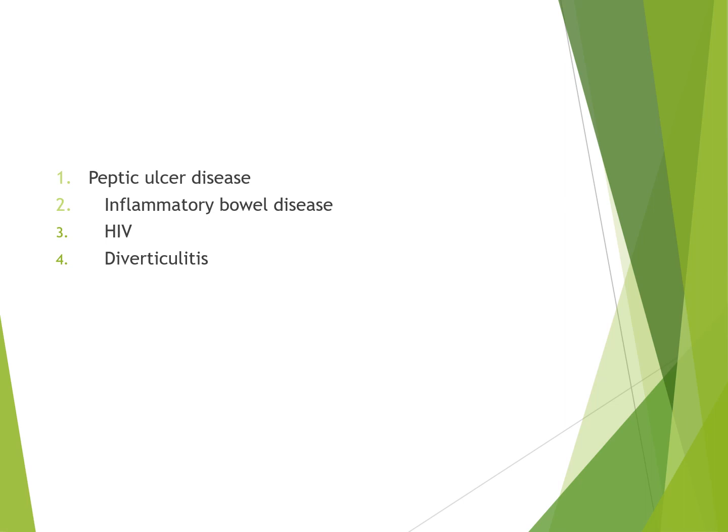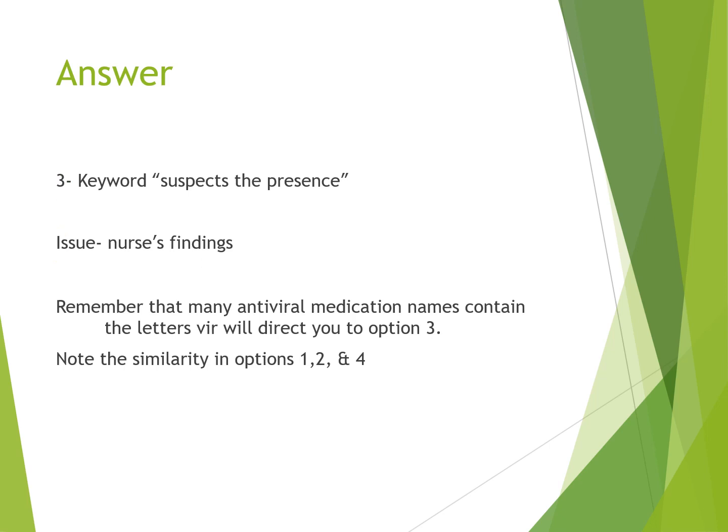Now, this is going to be an important part of your studying and test taking strategy. Did you note anything in the name? Okay, the suffix and prefixes are always going to point you and help you figure out the medication. So again, keyword suspects the presence, right? The issue is the nurse's findings. So remember that many antiviral medication names contain the letters what? V-I-R.